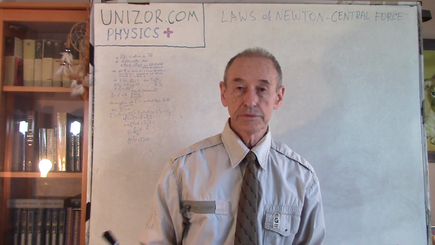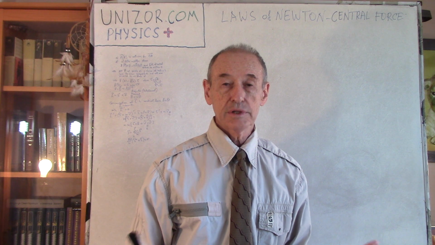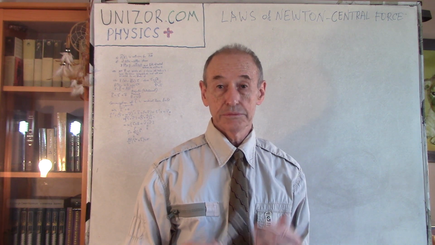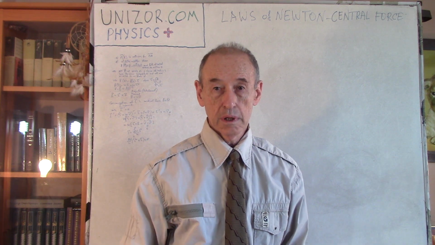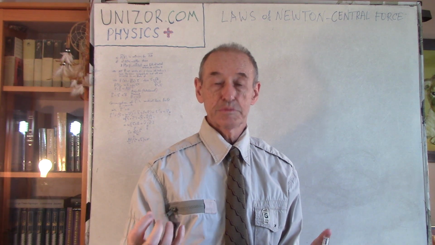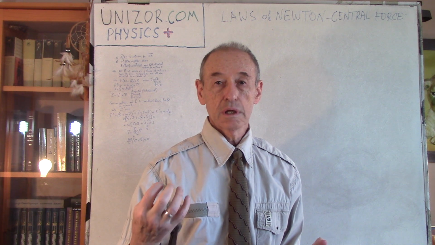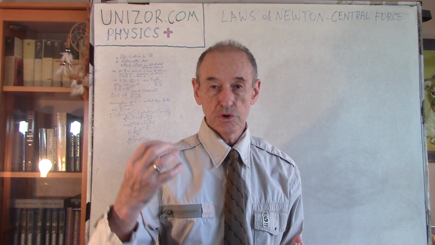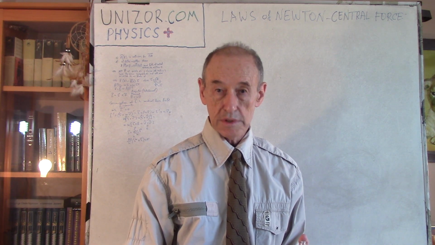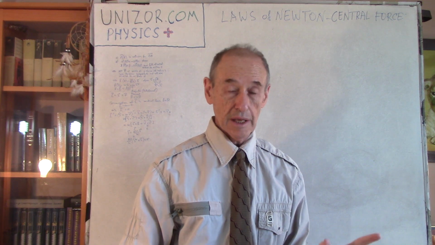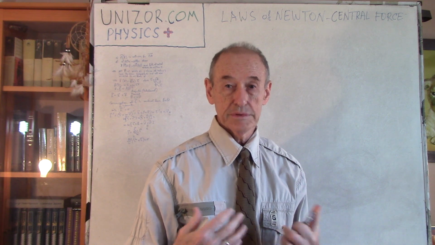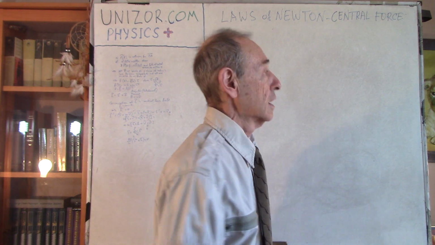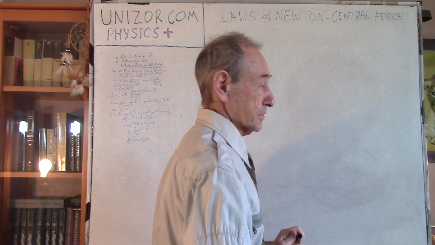We all live in the gravitation field of the planet Earth. At any point we experience this field force, which goes straight down to the center of the Earth in an ideal situation. So this is an example of the field, and in particular I'm talking about a central field.